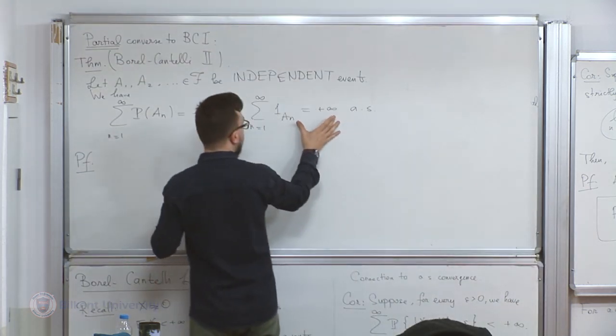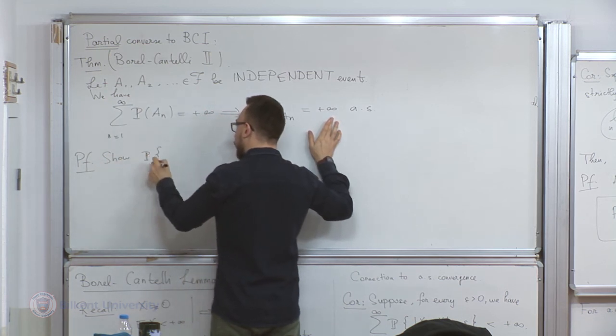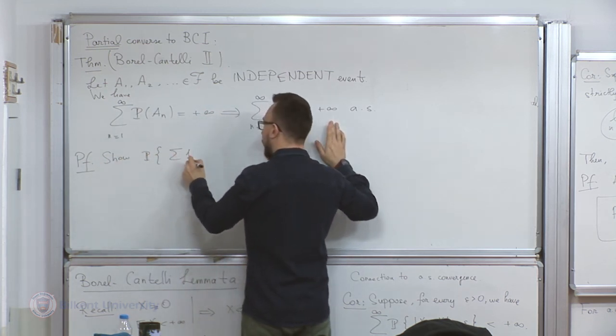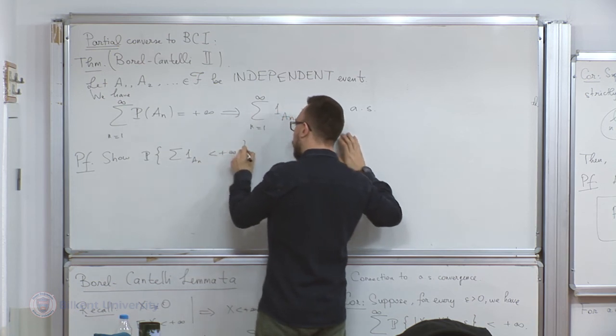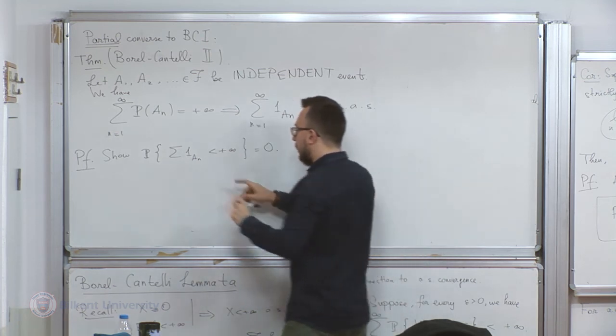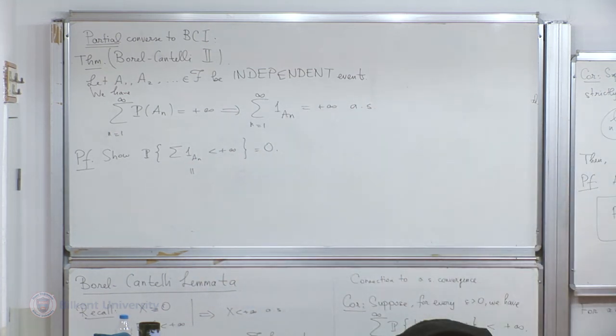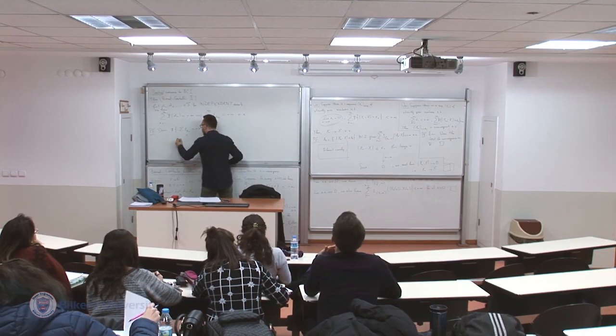So let's show that this is finite with probability 0, okay? Let's show the probability that this is finite is 0. What is this? Well, we said that this means it happens only finitely many times. Namely, after some index, it never happens.